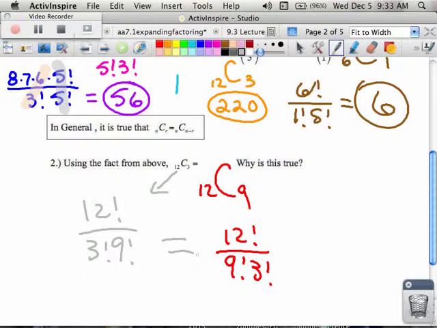The reason that they're the same is they have the same denominator, just in different order, and multiplication is commutative, which means you can go 3 times 7, 7 times 3, same answer. Same true for factorials because it's about multiplication. And so the interesting thing is, if it makes your life easier, you could rewrite it as a different combinatorics and get the same answer, is what they're trying to tell you.